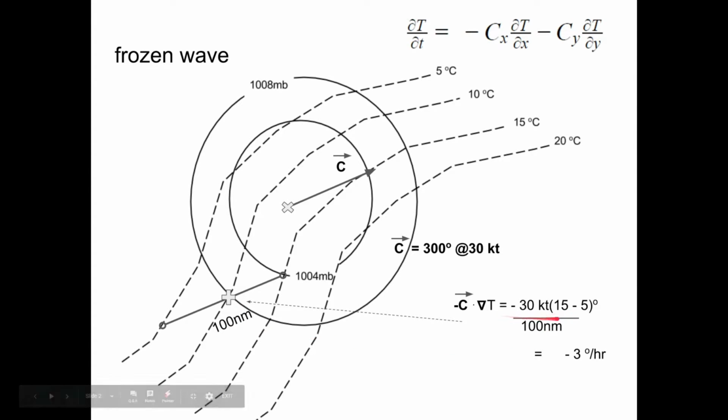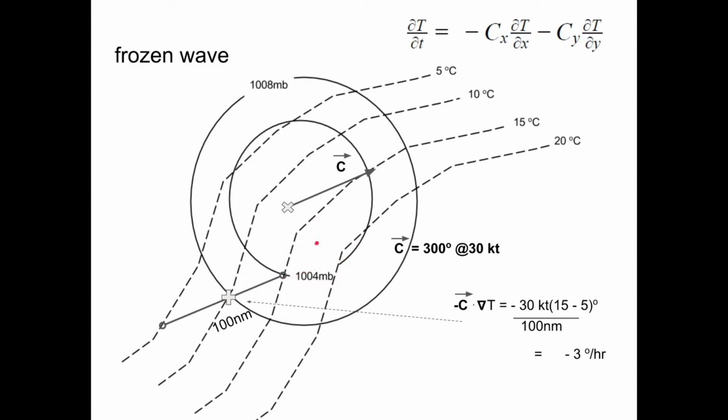And so we can use our simple advection calculation method, take this delta T divided by the delta X, and then multiply it by the wind speed, and then multiply that by -1, and we would get a -3 degree per hour local change in temperature just due to the motion of this system.